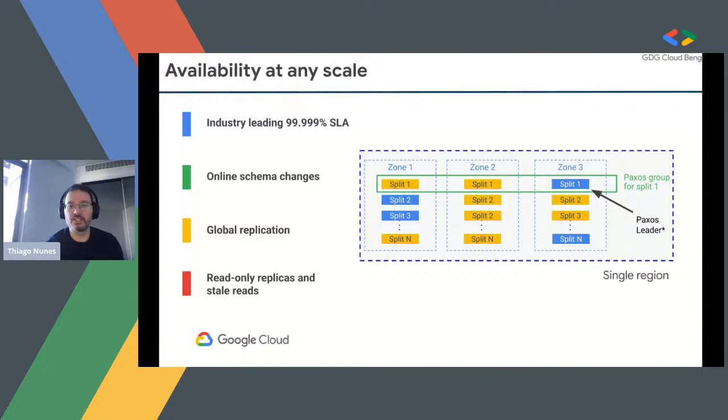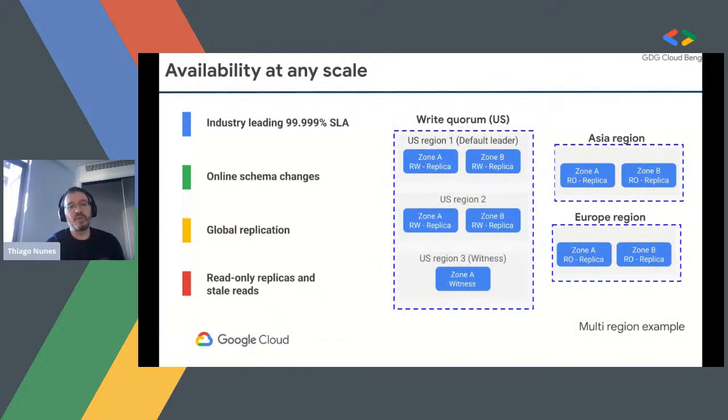So the leader for the first group is in zone 3, and the leader for split 1 is as well. This leader will handle all your writes and also any synchronization that you need for your reads, right? We're going to see more about that when we talk about the life of a query in Spanner.